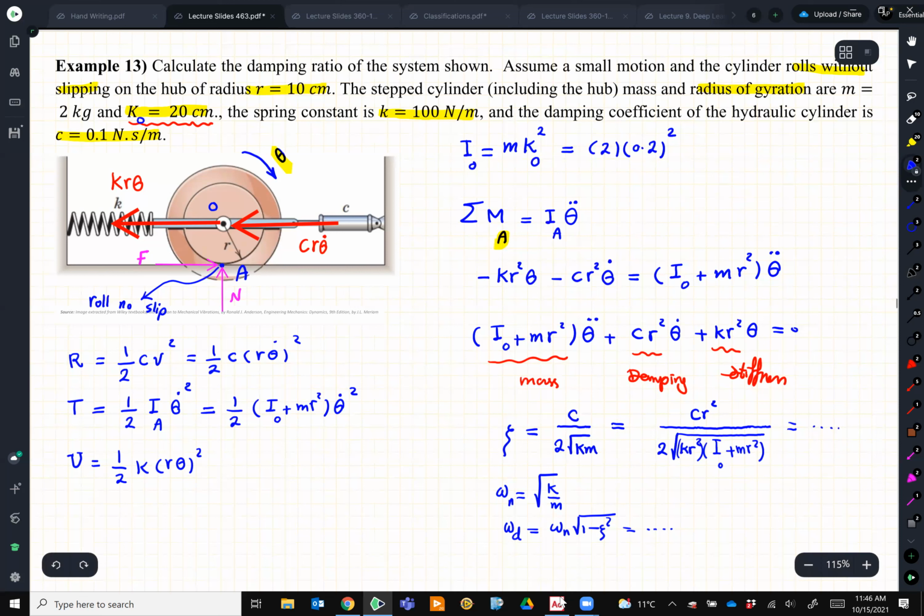Now, all we need to do is take derivatives. What is the Euler formula? The general formula: d over dt of the derivative of T with respect to theta dot. This is our variable here.